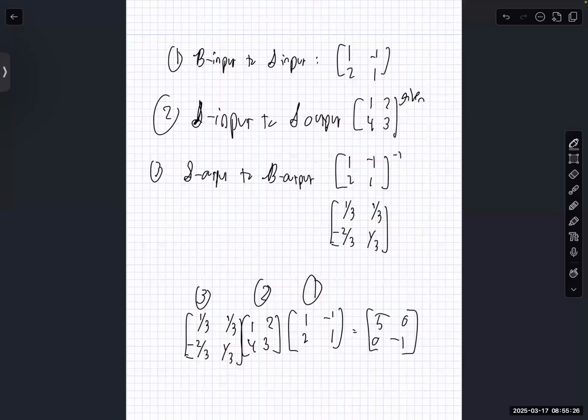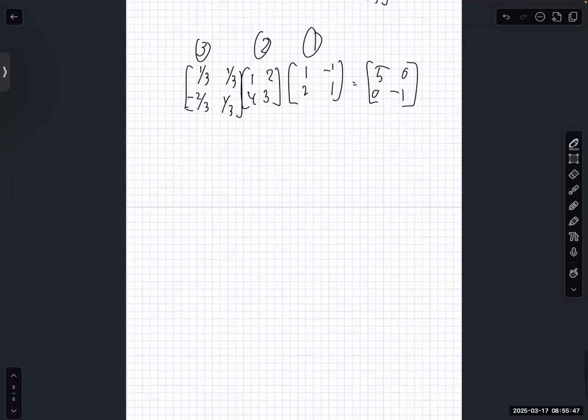Five, 0, 0, -1. So for the first part, how do you know that converting B input into S input is the matrix that you put in the first step? So let's talk about this. I'm going to work with our earlier example.